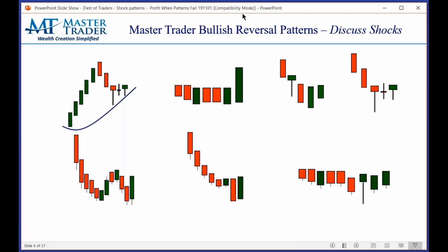But it's the overall pattern and arrangement of the candlesticks on multiple time frames that puts the important messages together to tell us what the tradable opportunity and the amount of the shock is. On the next page, I'm going to show you the gaps as a shock, but many times these are expected. Like this upper left is what we call our Master Trader buy setup.